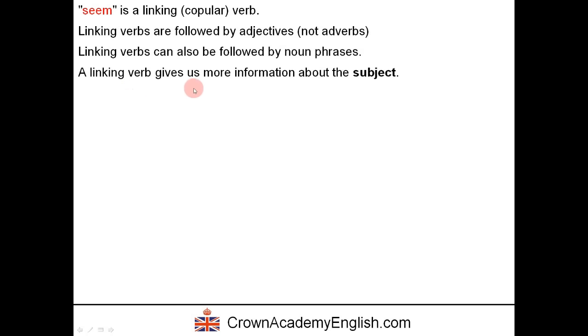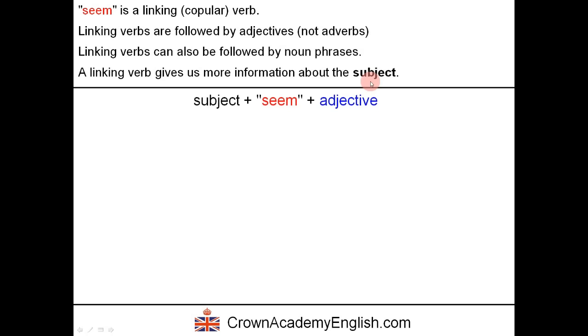A linking verb gives us more information about the subject of the sentence. So the form is subject followed by seem followed by adjective. We've already seen this example with Jane seems tired. But we're now going to look at some more examples.